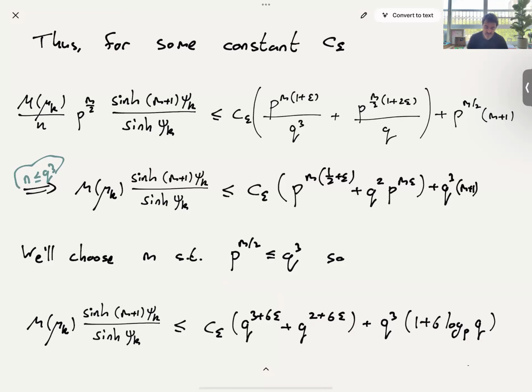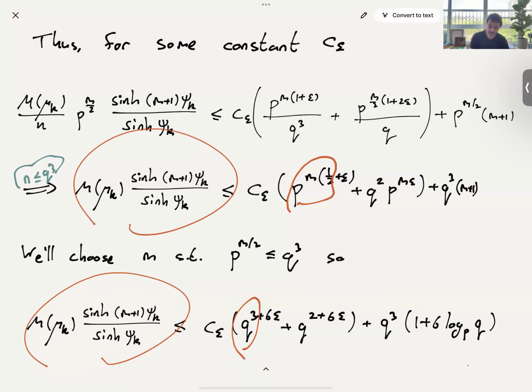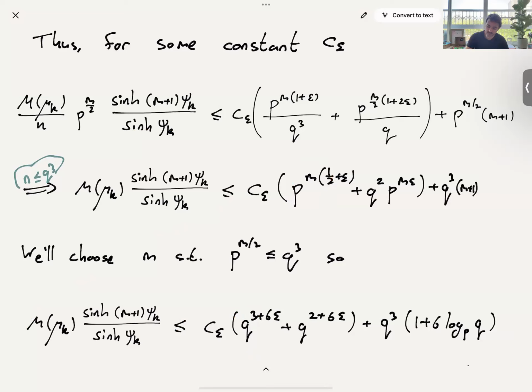So if you choose such m, then you can replace essentially every p to the m over 2 with q cubed. So for example, this p to the m over 2 becomes this q cubed. This stays the same. So this p to the m over 2 becomes this q cubed, and this p to the m becomes q to the 6.